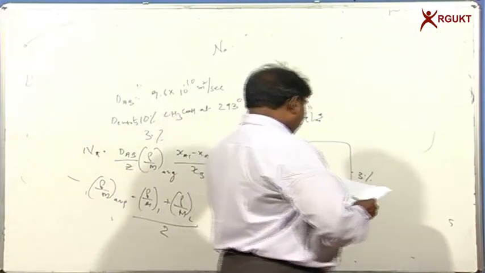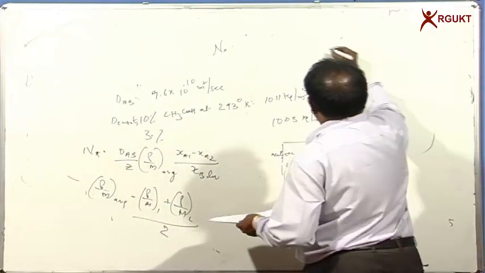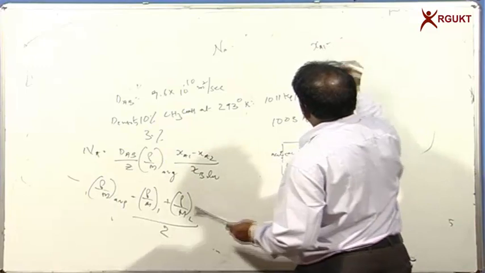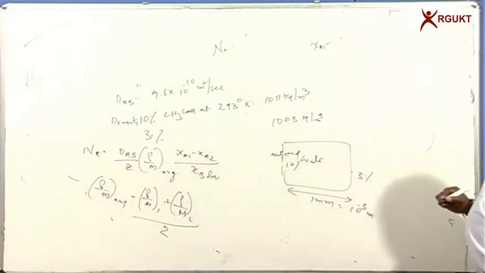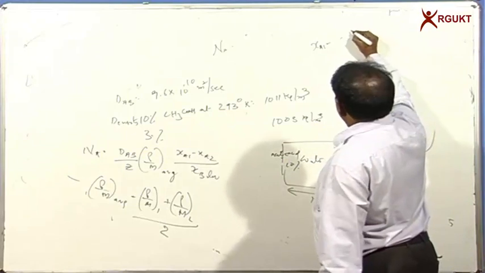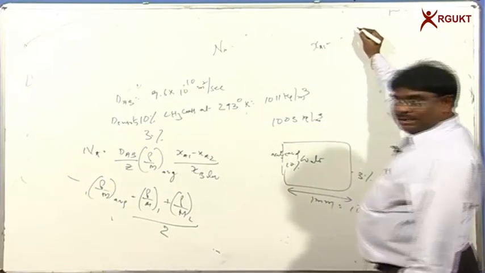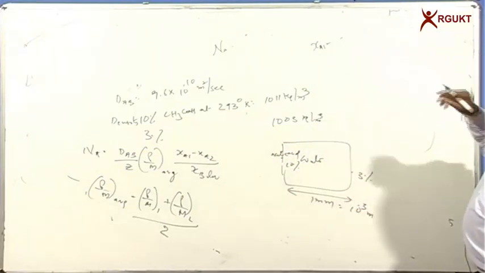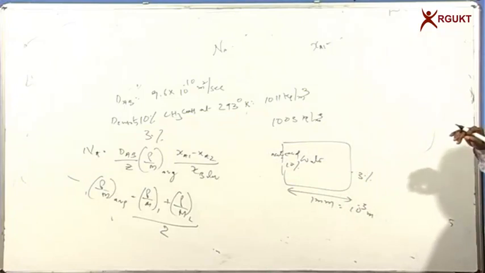For this we are going to calculate XA1, that is the mole fraction of acetic acid at location 1. If you take a basis of 100 kgs, we have 10 kgs of acetic acid and 90 kgs of water.